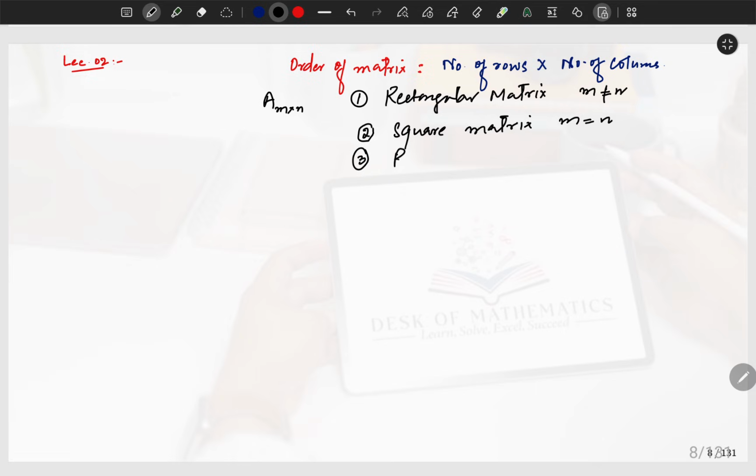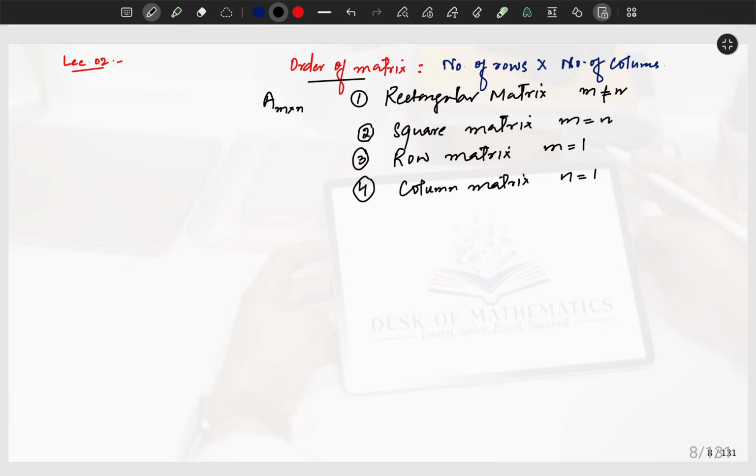We have seen that it is a row matrix if m is equal to 1, and it is the column matrix when the total number of columns is 1. Okay, so now it is on the basis of order of a matrix.